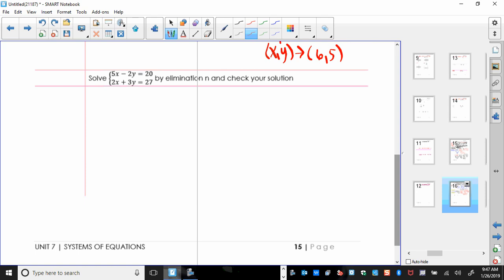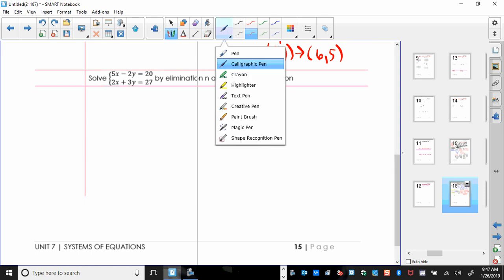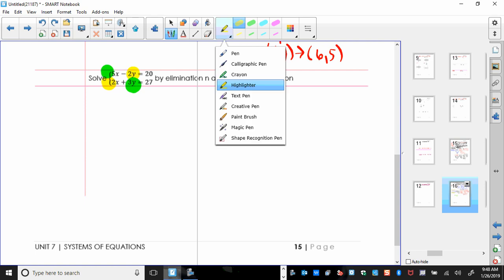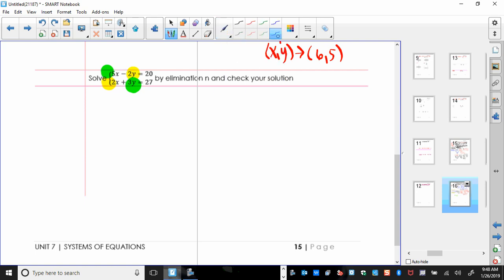What you can do is let's highlight those two terms. So what we can do is multiply each equation this time by the coefficient in front, but we multiply opposite equations.